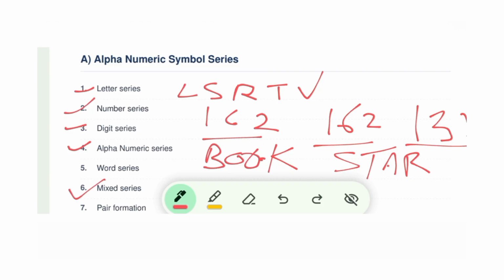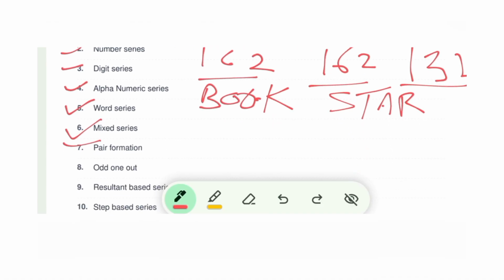Then mixed series, where letters, numbers, and symbols can all be present. And then next is pair formation. They will give a series or mixed series, and then ask for pair formation like forward, backward, etc.